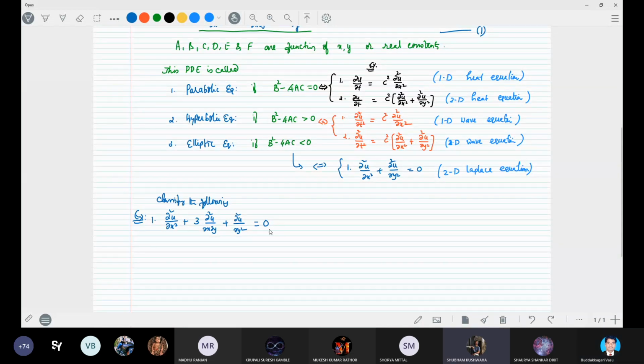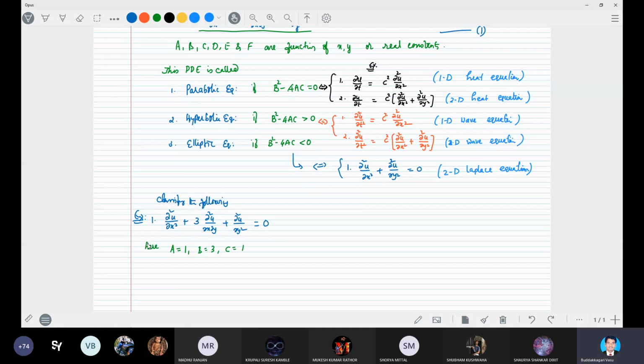Hyperbolic. Here you see what is the coefficient A? A is equal to 1, right?